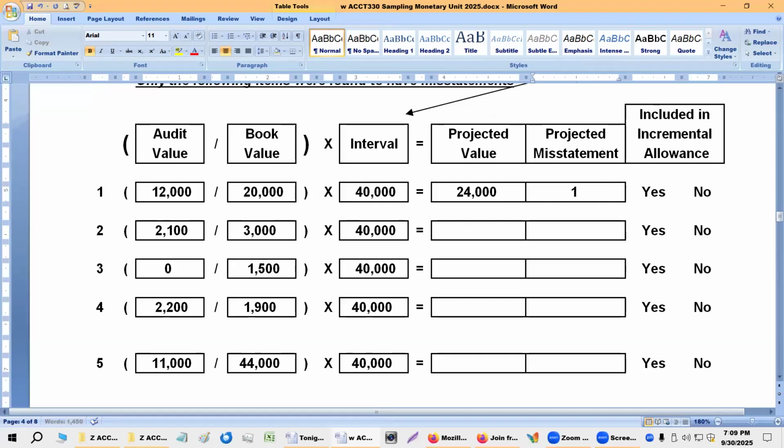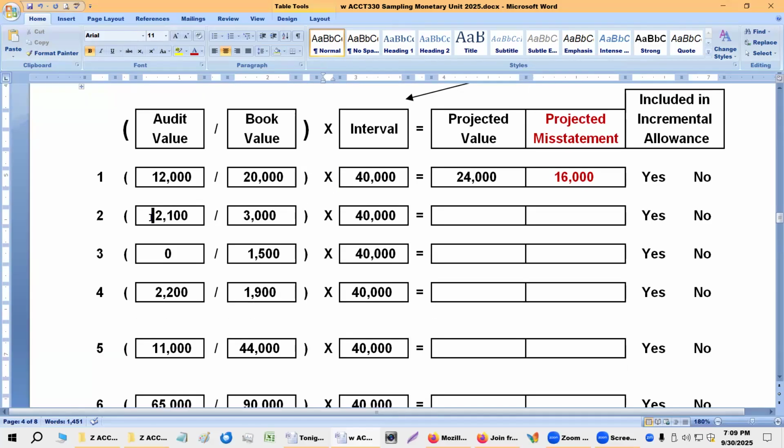Check there. Okay, next one. 9,100 divided by 3,100. No, 3,000.